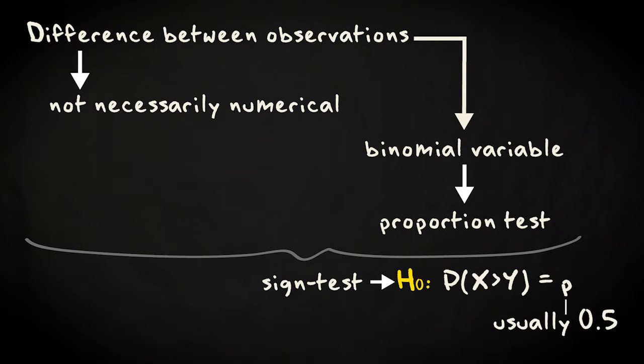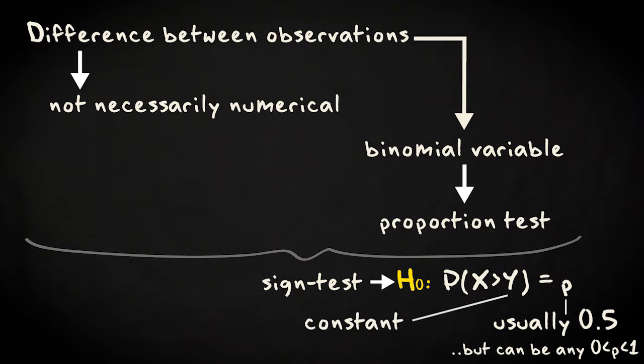Usually a value of 0.5 is chosen for the proportion p, but it can be any value between 0 and 1. You could, for example, test whether x is larger than y in 10% of the cases and set p to 0.1. Finally, you could also replace y with a constant, so that you would measure the proportion where x exceeds a constant.